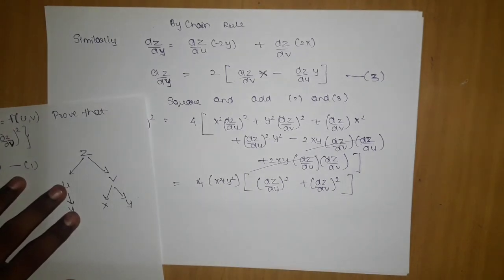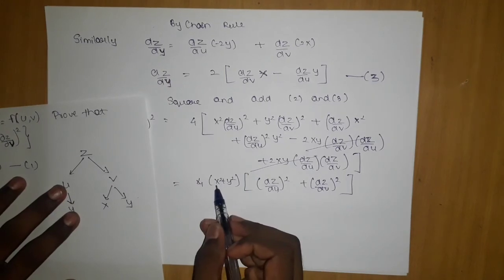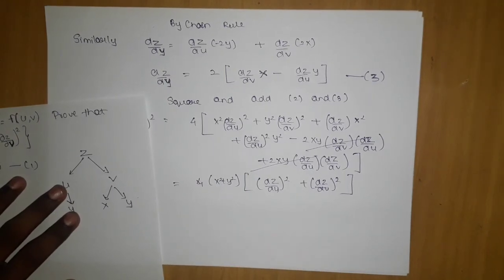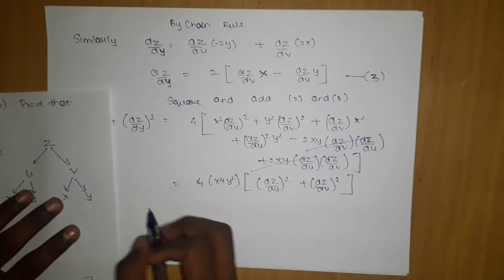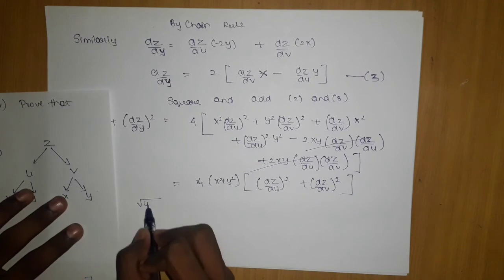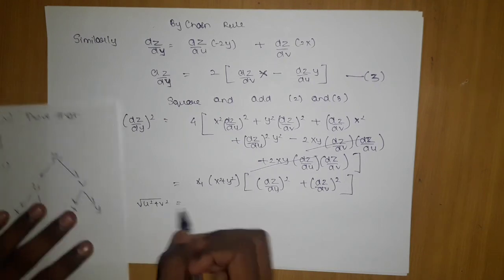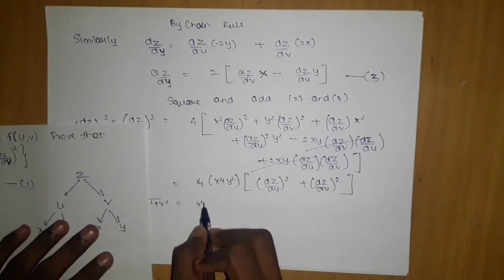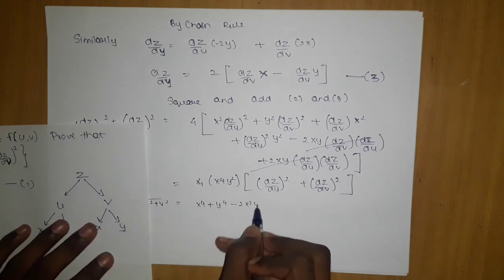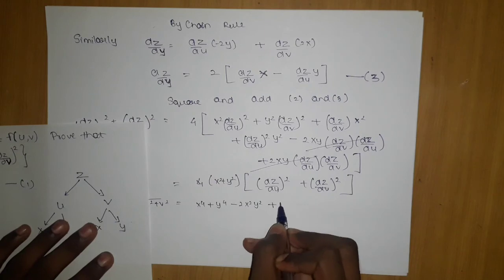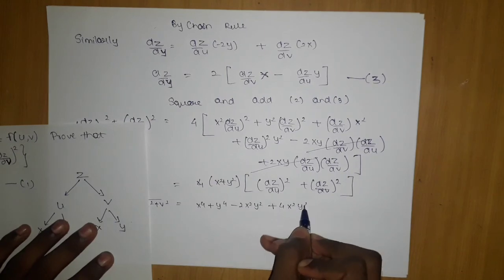Now what we are going to do is find the value of x square plus y square. If you observe it clearly, under root u square plus v square: u square is x raised to 4 plus y raised to 4 minus 2x square y square, plus the v square value 4x square y square.